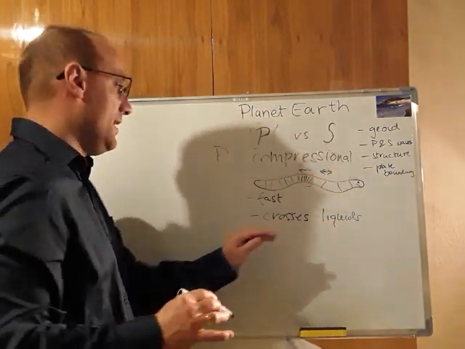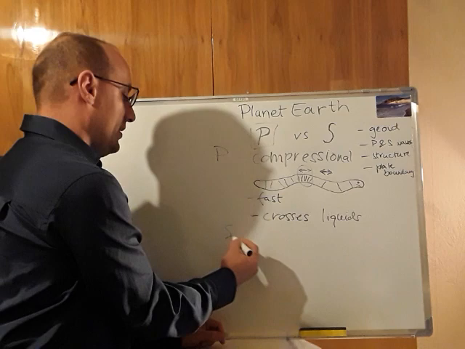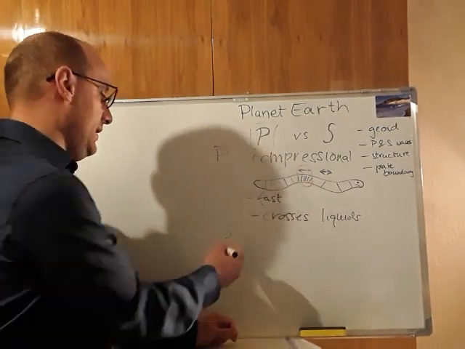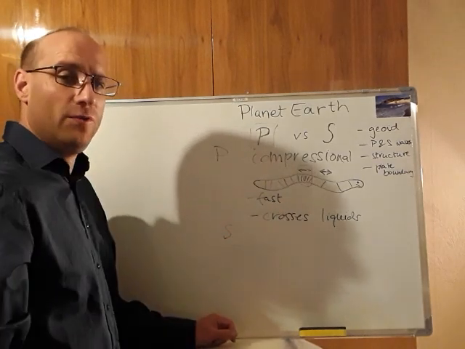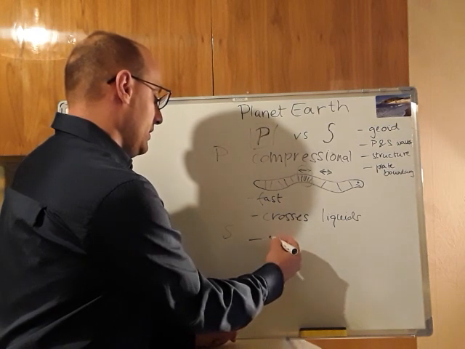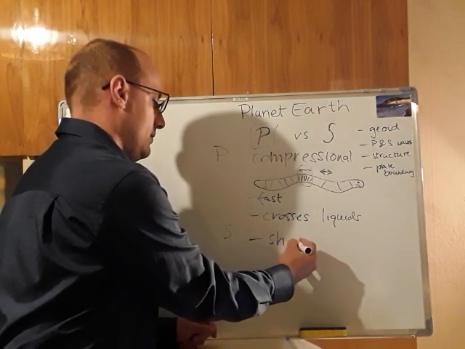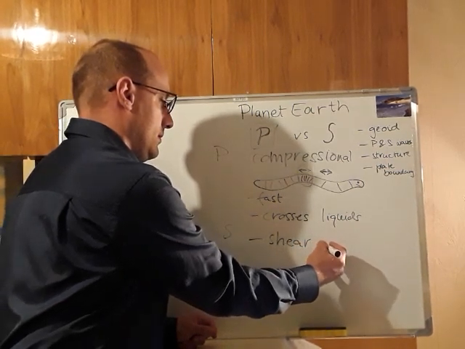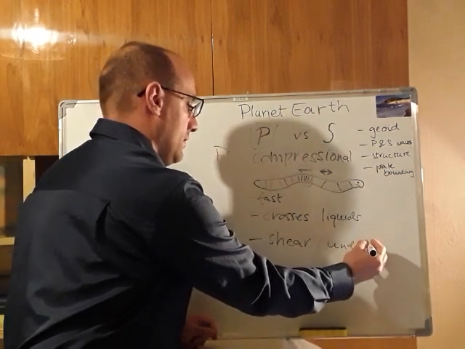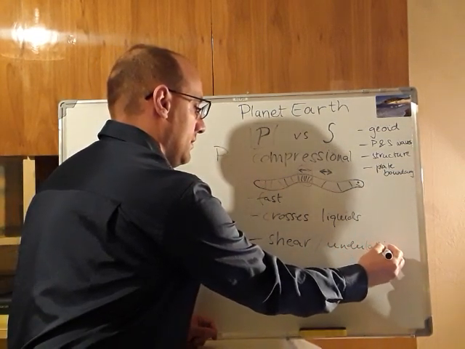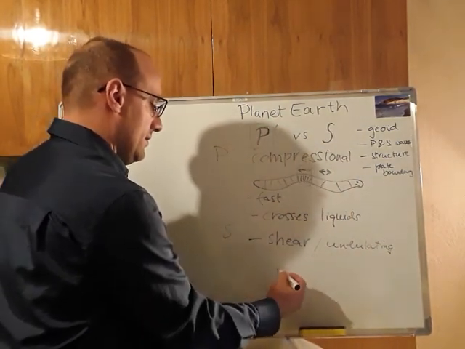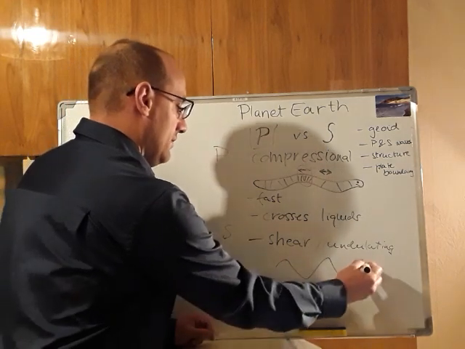So it crosses liquid. Okay, that's the main difference between this one and the S. Whereas the S is going to be this kind of undulating movement, or up and down. I just put it here very simply, shear or undulating movement, which would be something like up and down.